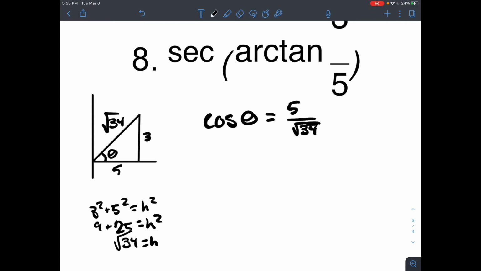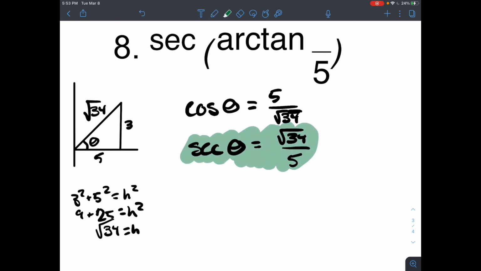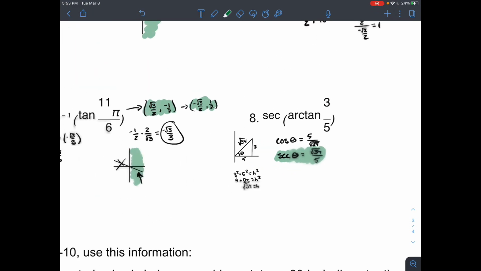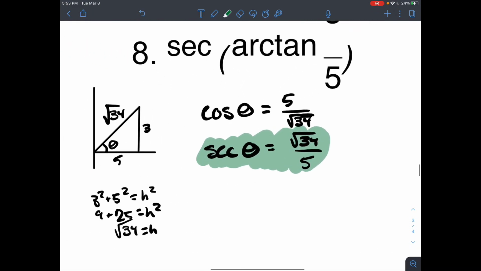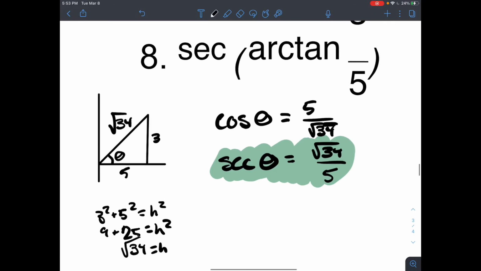I'm not going to bother rationalizing it, because I know that secant is just the reciprocal of this, and rationalizing it would essentially give us more work. So that is our answer there. Let me make sure I'm right here. 9 plus 25, okay. For some reason I thought it would be something slightly different, but that looks good to me.